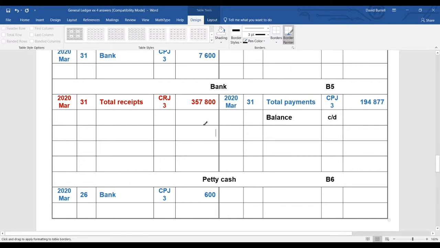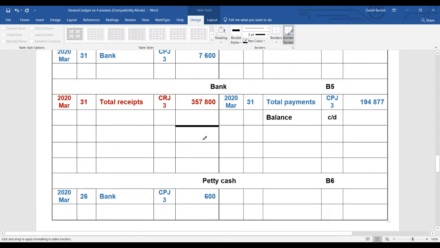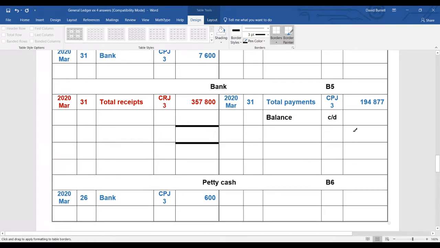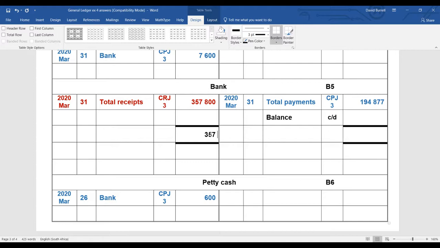And I need to go and put a nice bold line there and there, down, there, here, and here. Okay, so I can go and do the totaling. And the bigger amount is 357,800. So that's going to have to be the total on both sides.